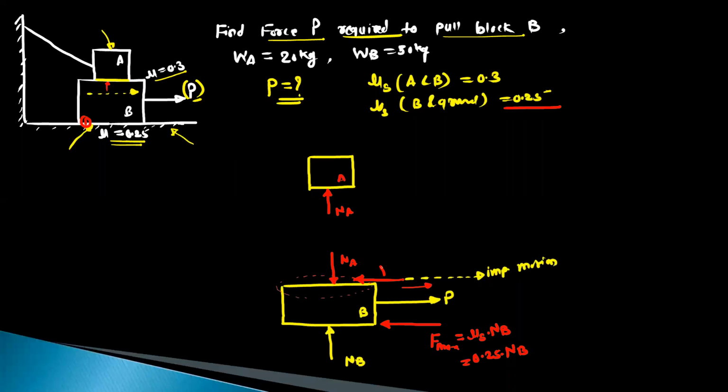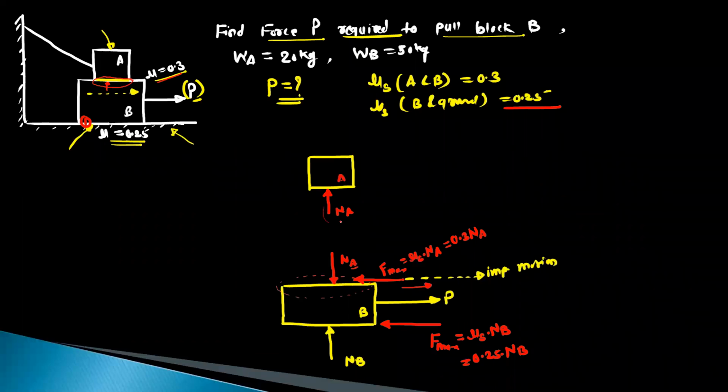This value F max is equal to mu S into normal reaction NA. We have to consider this normal reaction. So this is equal to coefficient of friction 0.3 into normal reaction NA. So 0.3 NA is the friction force at this contact surface. This is the complete free body diagram for the block B.